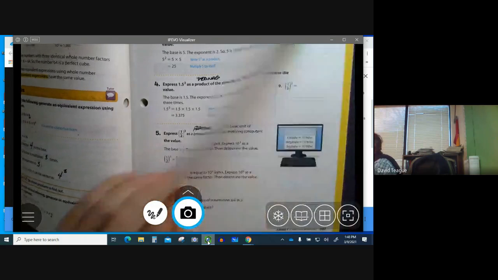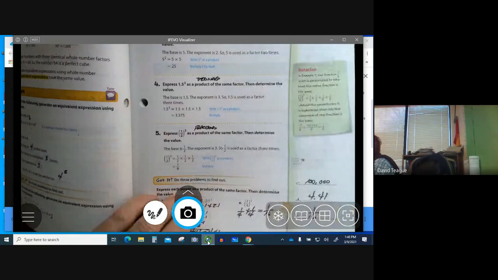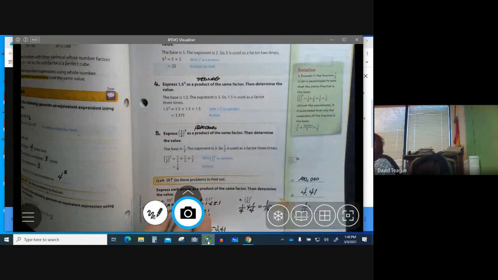So the other classes, they were complaining they didn't have enough time and they want to do the Ed puzzle. How many people have done the Ed puzzle for math already? Okay, 2 people. Since I want to make sure we get everything done by the end of the week, I'm going to let you use the last 20 minutes to do your math Ed puzzle.